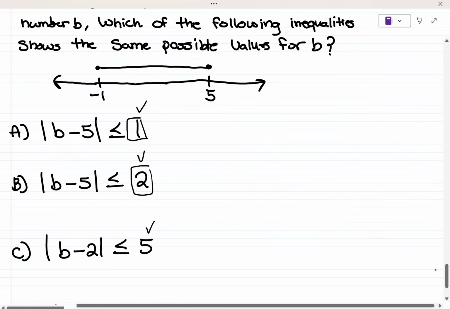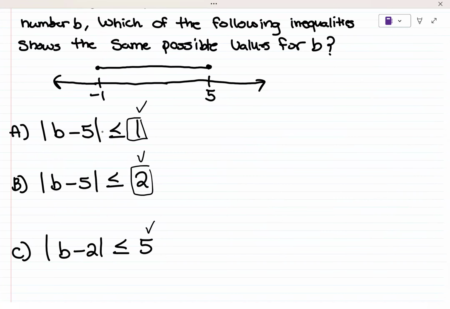So I taught you in the other one the long way. You just test each one. But the faster method is to think of the absolute value as a distance.